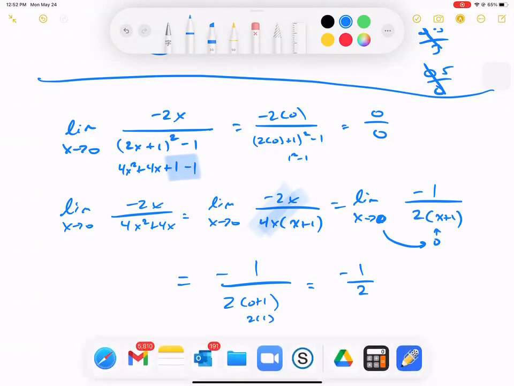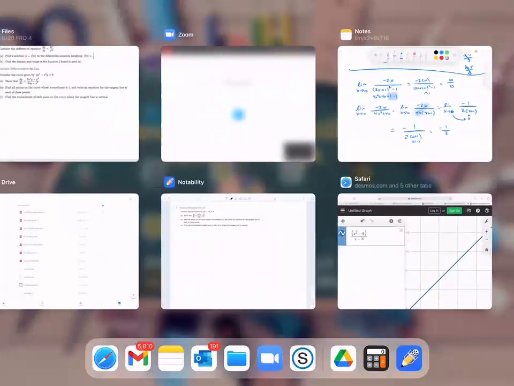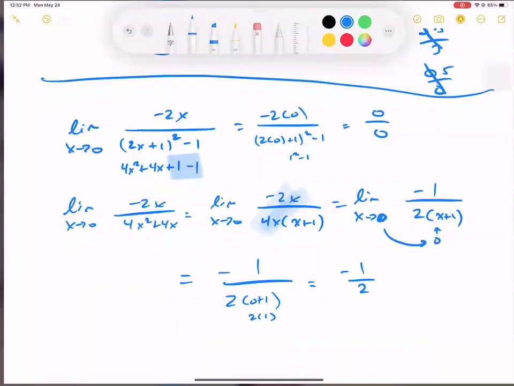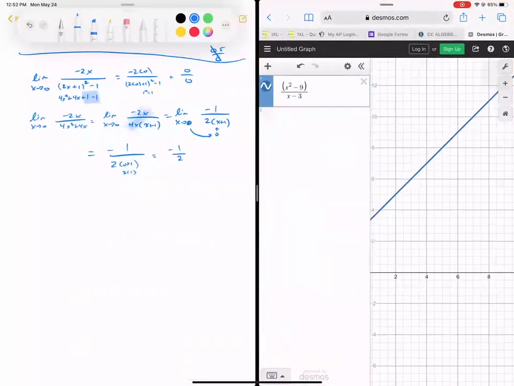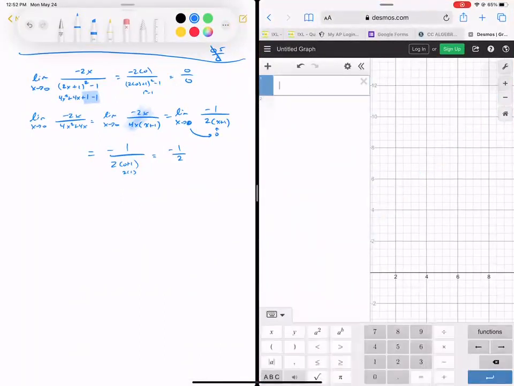Let's throw it in our Desmos graphing calculator and see what we get. This is just to reaffirm what we've been saying here. Okay, let's write that out. We're going to say it's negative 2x. Let's see if that will work for us.